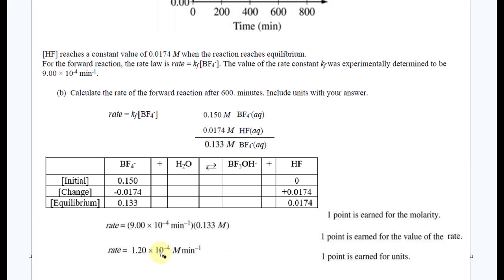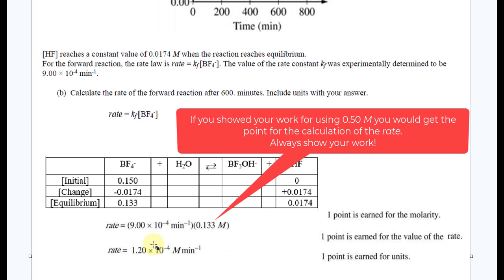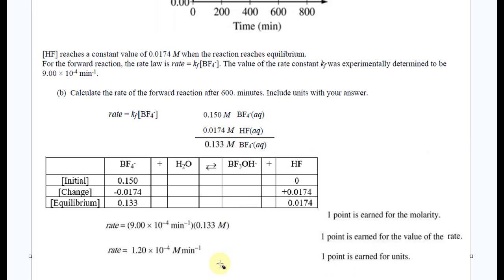You would have gotten the full point value for the answer, even though it was wrong. The grader would say, okay, they multiplied it right, they had a consistent value. So you'd get that point. So all was not lost. And then you get another point for the units, molar per minute, which is naturally our unit for rates, which is always molar per minute or second or eon. So out of these 3 points, if you missed this 0.15, you would still have gotten 2.